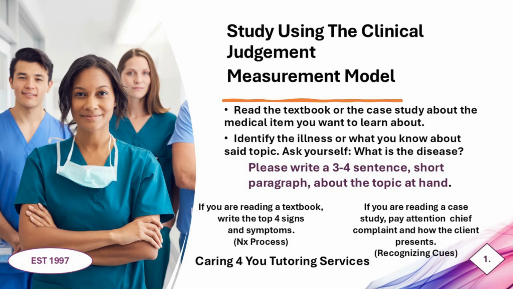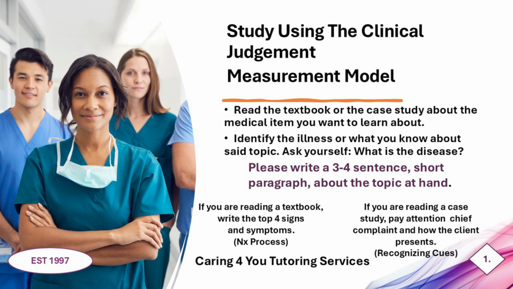So when you sit down to study, guys, and you don't know the topic, write yourself a little outline. This is the outline that I want you all to follow when you're studying, whether you read a textbook or you read the case study online or wherever you read it. First, I want you to identify the illness or whatever topic you need to know about.